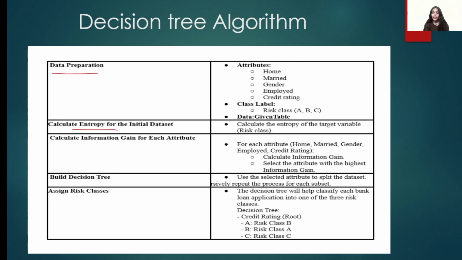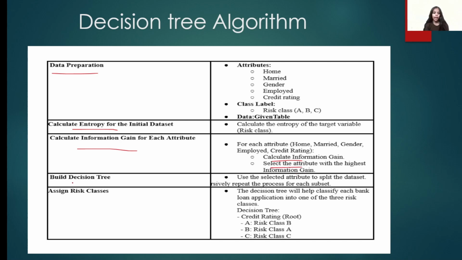In this step we calculate the entropy of the target variable, that is risk class. The third step is to calculate information gain for each attribute. For each attribute like home, married, gender, employed, credit ranking, which is in the table, we have to calculate information gain and select the attribute with the highest information gain.